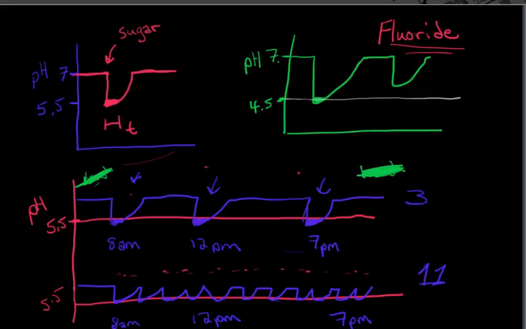So we want to make sure we clean everything off. Let's make a little list. We want to clean. We want to limit snacks. And 3, we want to strengthen our teeth. And this is everything that the dentist has always told you, and these graphs are the reason why.